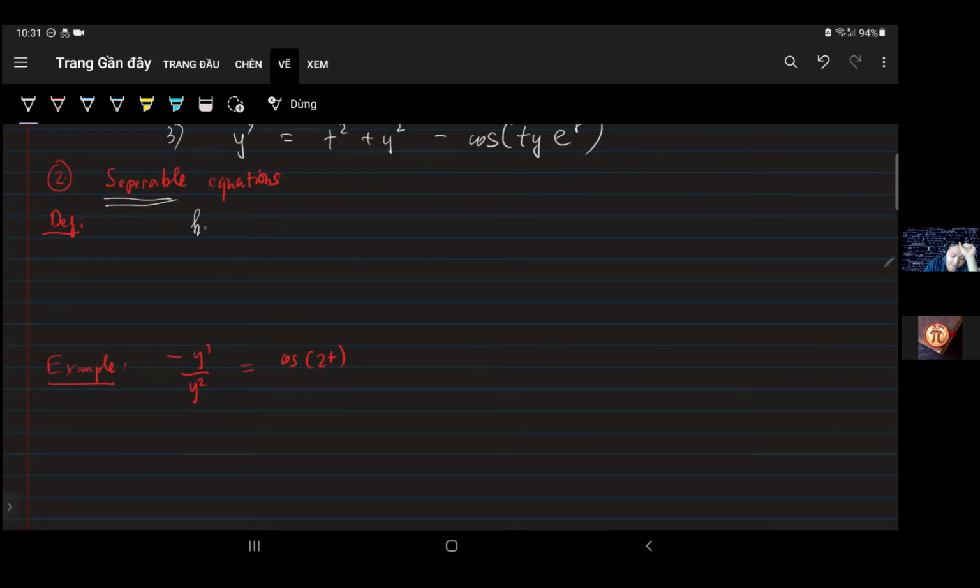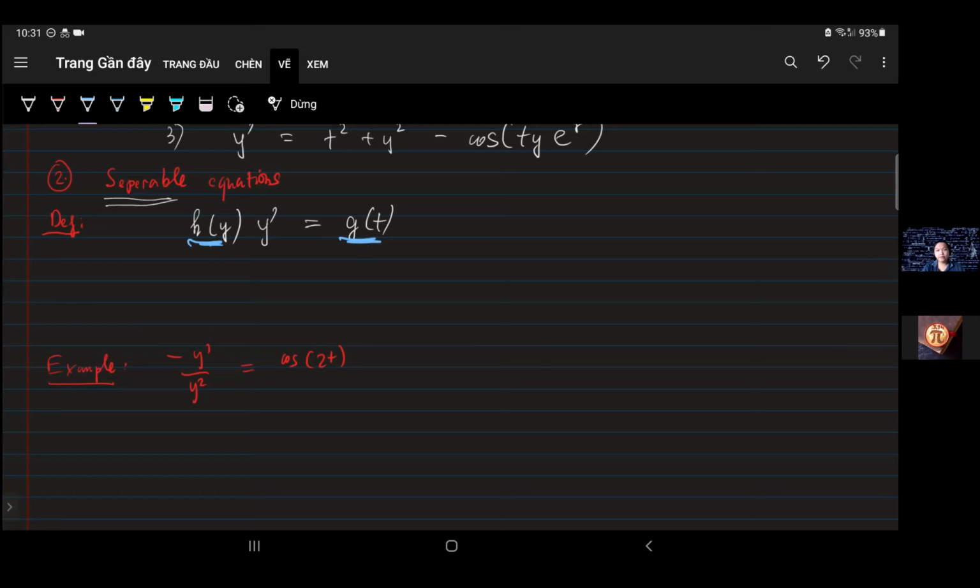The formal definition is that we have a function h depending only on y, and you multiply by y prime, equal to some function depending on t. As you can see, you can separate this part and this part. This part does not depend on t, and this part does not depend on y. So we call it a separable equation.